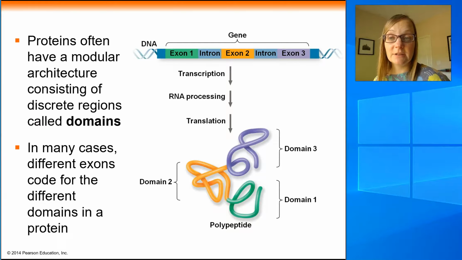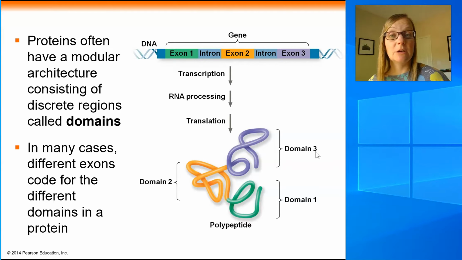So if we were to take a look at this, in this example, we've got a gene here and it's got 1, 2, 3 exons. And typically each exon for a gene will code for a different domain of that particular protein. So here exon 1 codes for domain 1, exon 2 codes for domain 2, and exon 3 codes for domain 3. Let's say the cell says, well, I don't need all 3 domains today. Based on the environment that I'm existing in currently, I only need domains 1 and 2.